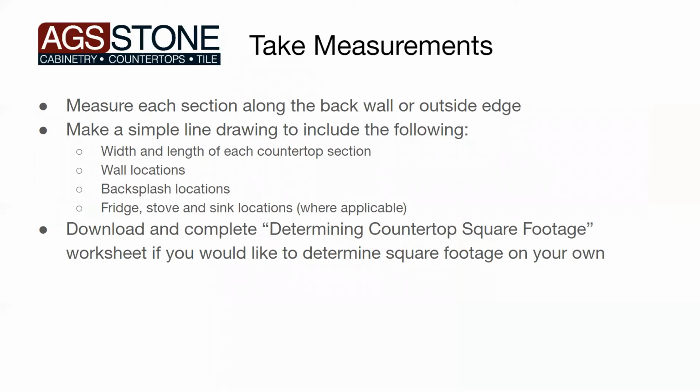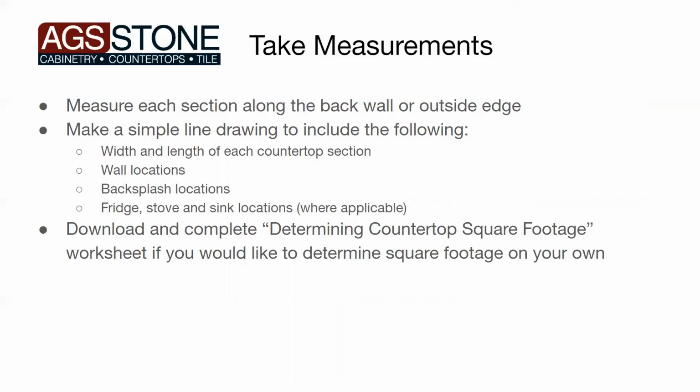So what you'll want to do is, with your tape measure, now that you've got a stick drawing of your layout, take and measure each back wall section of your countertop. So you're going to want to start in a corner and measure your countertop length along the back wall. And you're going to want to do that around the room.